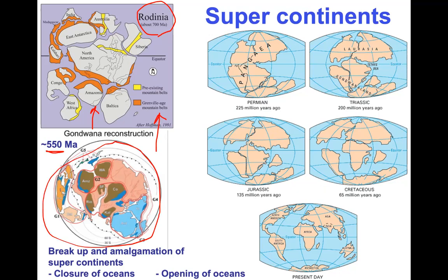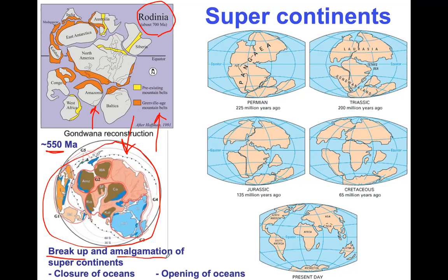So Rodinia dispersed after the mantle plume hit, and it formed into a shape which we termed Gondwana, right? So this Gondwana also existed for some time, and it was also broken, right? We call it the breakup of supercontinents by mantle plumes, and after that they amalgamate together.